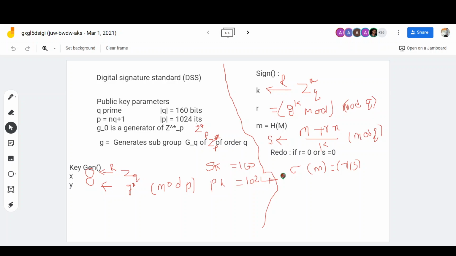First you need to check that 0 is less than r is less than q, and 0 is less than s is less than q. This condition needs to be verified initially. If this condition is satisfied, then only we proceed.